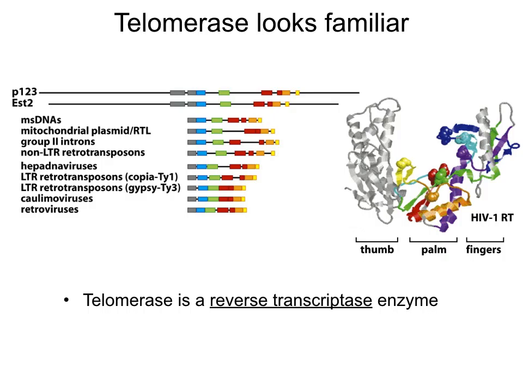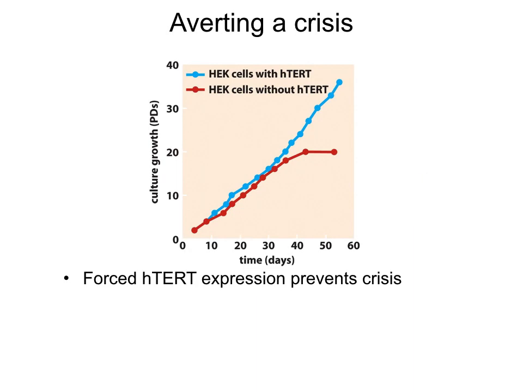So telomerase is a really important component of maintaining the telomere length in cells, and lack of telomerase activity results in cells that are essentially mortal. However, if telomerase is active, then cells are functionally immortal in many cases. It turns out that if you take human embryonic kidney cells and grow them in culture for a long period of time, they will eventually undergo senescence or transition into crisis and commit apoptosis because the telomeres have eroded down to a critical length.